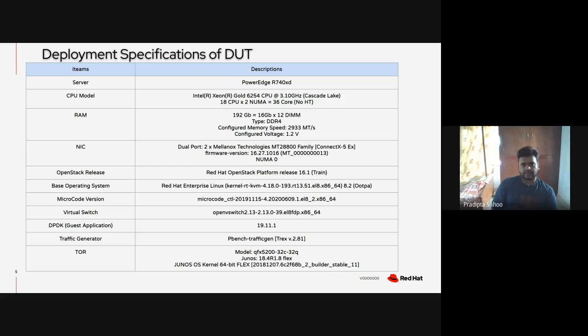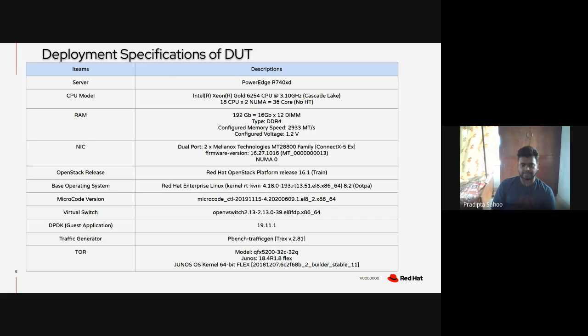This is the specification of our server. The DUT host is a Dell PowerEdge R740 XT model, which has an Intel Cascade Lake processor with two NUMA nodes, each having 18 physical CPUs.